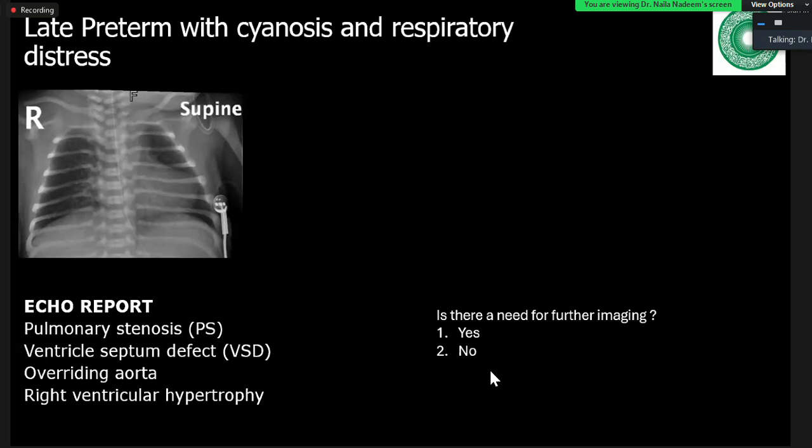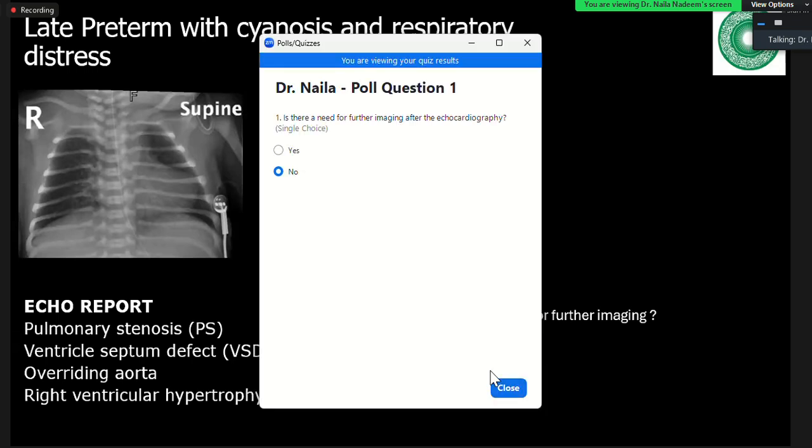It's going very close. So, 52% of the audience thinks there is a need for further imaging. Let's see.